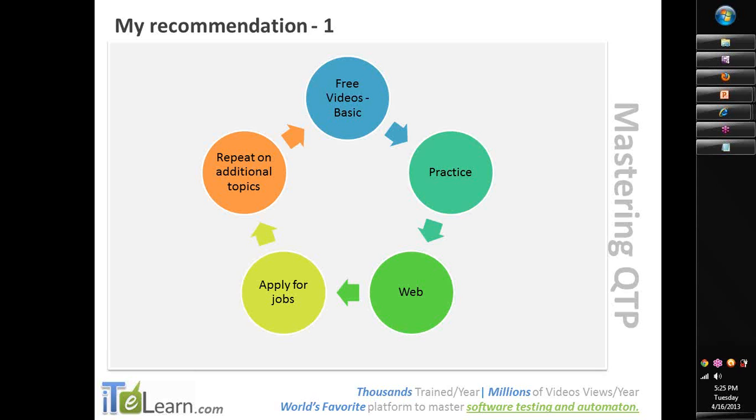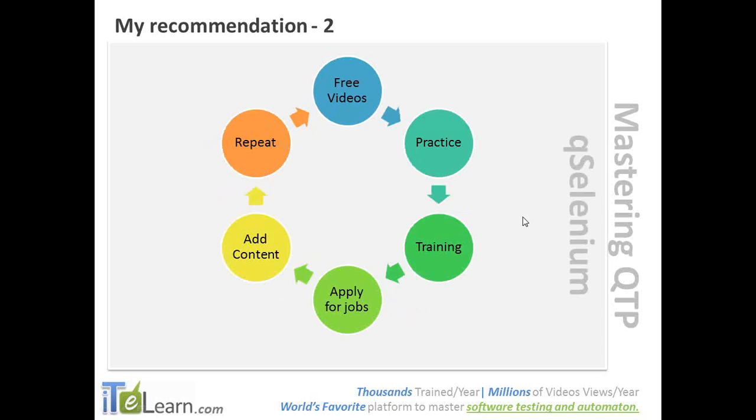Then you can go deeper into more things like keyword-driven frameworks and so on. Repeat the cycle as you evaluate. Okay, so if you think that that has worked out in your favor, you've gone ahead onto the job, and now you need to implement a certain project, then you can pick what you want to learn. Similarly, you have the other option of adding a training to the whole process and going through it.